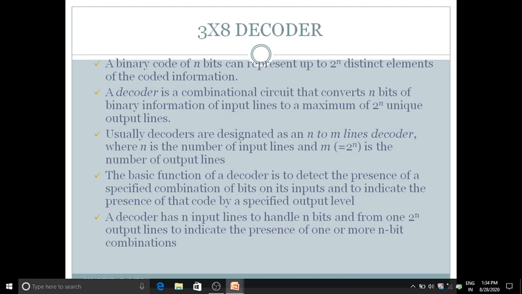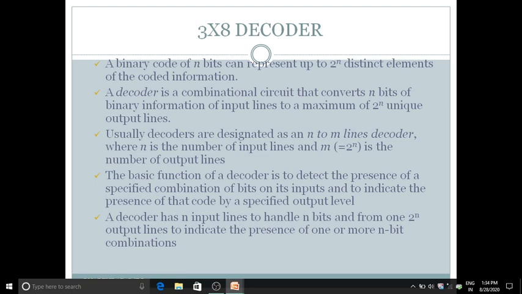So for this, the decoder has n input lines to handle n bits of code, and one out of the 2 power n lines to indicate the presence of the n bit combination.